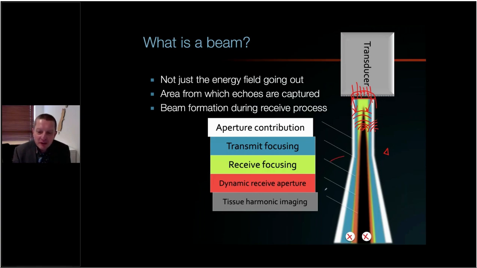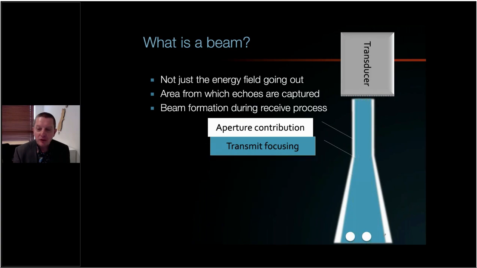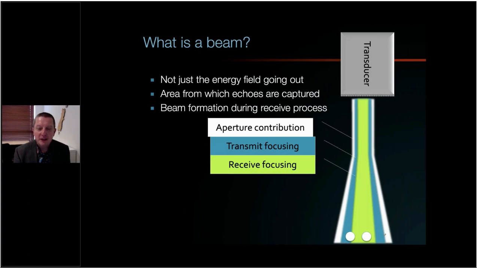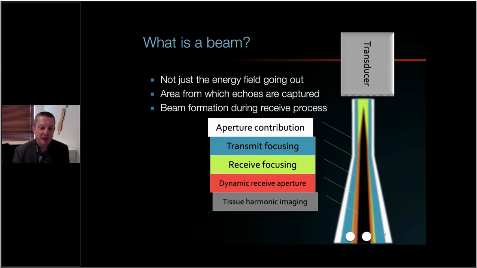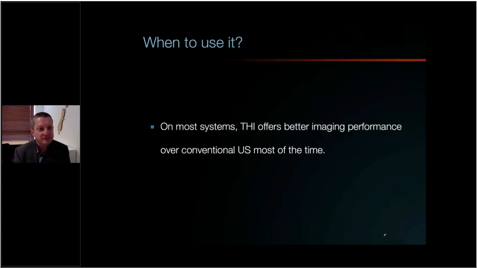And so these are all the technologies that contribute to reduction of beam dimensions and contribute to lateral resolution. In the case of two reflectors in the far field here, they would not be resolved by aperture contribution alone, or transmit focusing alone, or receive focusing, or dynamic receive aperture, which doesn't really contribute to reduction of beam width deep in the image. But with tissue harmonic imaging, we would be able to discriminate these. So tissue harmonic imaging improves your lateral resolution.